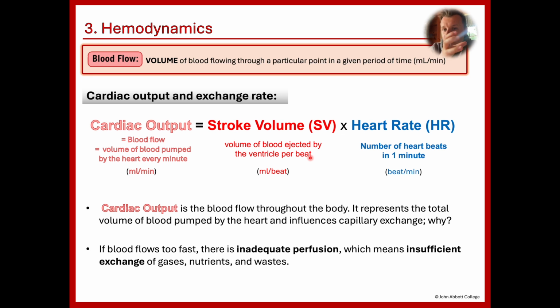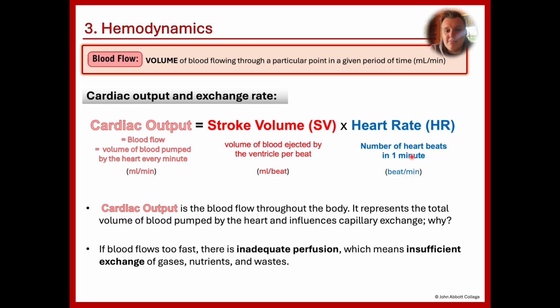The same force, but you could start beating a bit faster, right? Or slower, right? That's the heart rate, the number of beats per 1 minute. So stroke volume is changing the volume that is coming out in one beat, right? So that's the strength of the heart. And heart rate changes the speed of pumping, right?